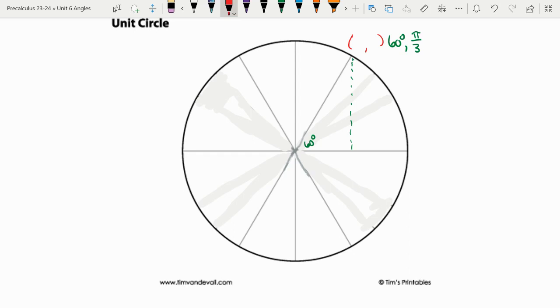So the X value is on my 30, 60, 90. This is half of the hypotenuse, and the hypotenuse is 1. And then the Y value is the long leg. What's that going to be? Root 3 over 2, correct? Right? Okay. So I've got 1 pi over 3, 2 pi over 3.